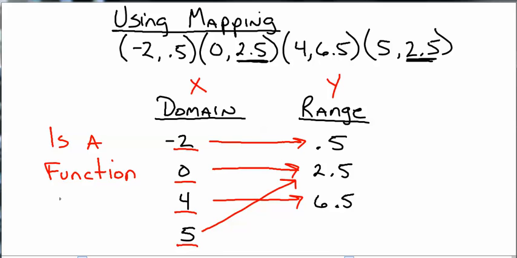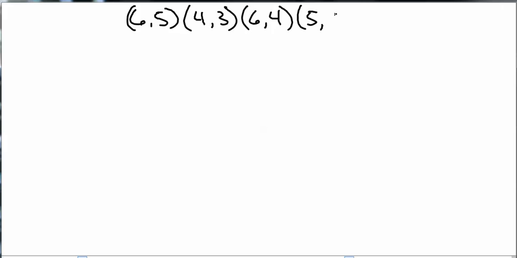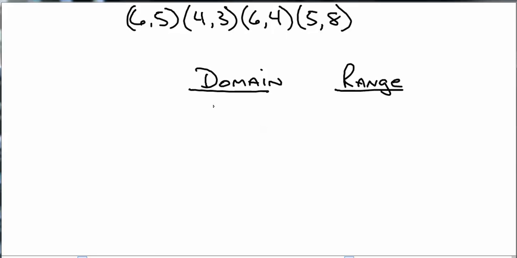Alright, so let's map this. Map (6, 5), (4, 3), (6, 4), and (5, 8). Domain, let's see, domain, and then range. 6, 4, 5.